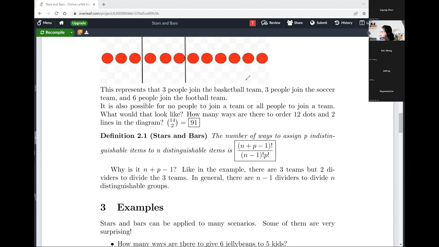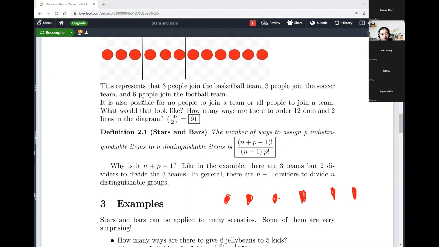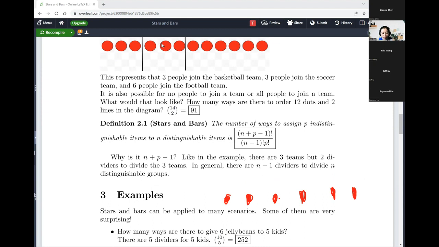Okay, so we have 6 jelly beans. We denote them as 6 different jelly beans. Wait, this is a typo. This should be 4 dividers, I think. We have 4 dividers for 5 kids because you only need 4.